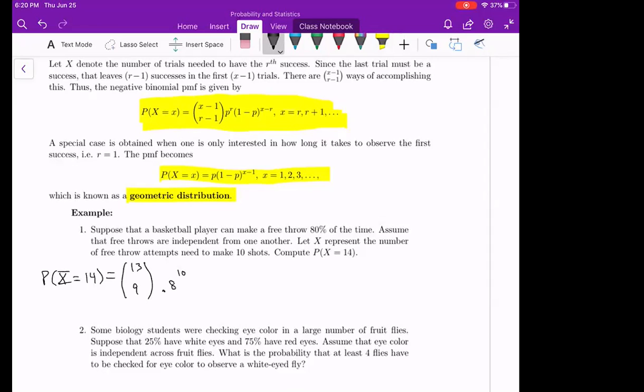So remember, r is the number of successes. So there's 10 successes, which means failure or missed shots is 20% of the time. And there are x minus r, which is going to be 14 minus 10, or 4. So notice that the sum of the powers has to add up to your x.